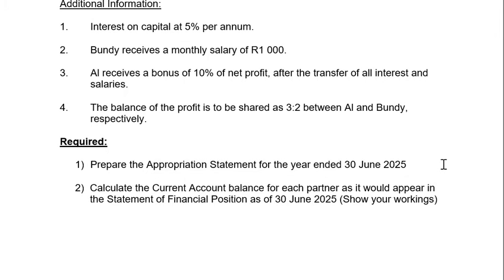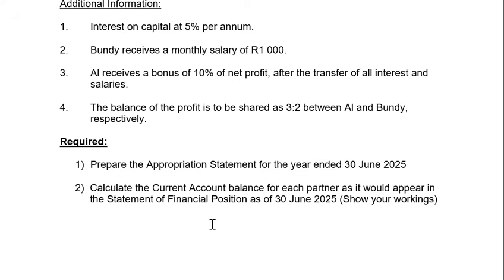What happened to the profit? How was the profit divided? Then we're going to look at the individual partners' current accounts. We'll take it from the opening balance, take the additional information into account, and we will get the closing balance of the current accounts.